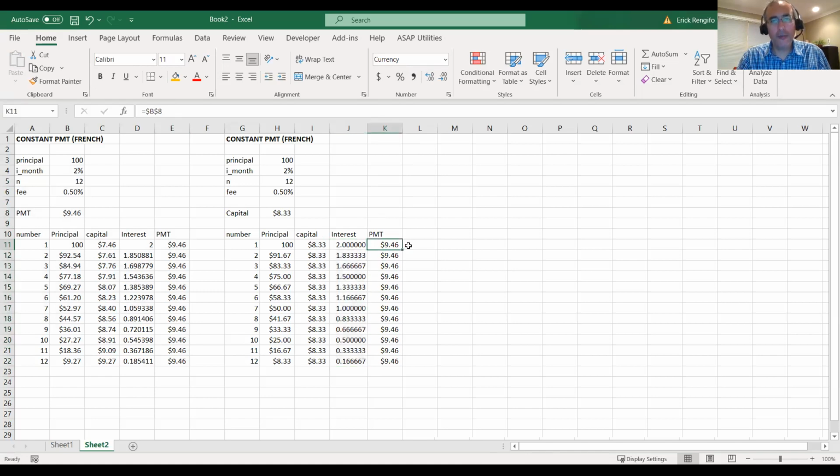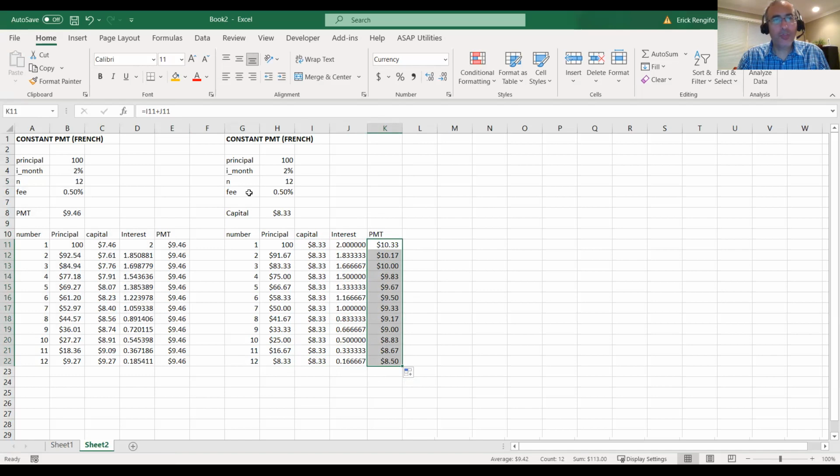And then my payment, guys, is going to be equal to the capital plus the interest. And then you copy, and here you go. You see, these two numbers, as usual, guys, need to be equal. And what you can see here is the payment goes down, and the interest goes down.